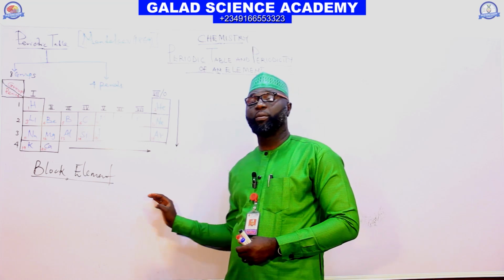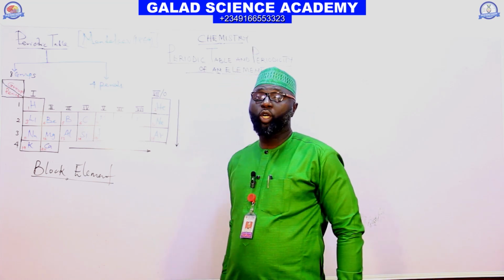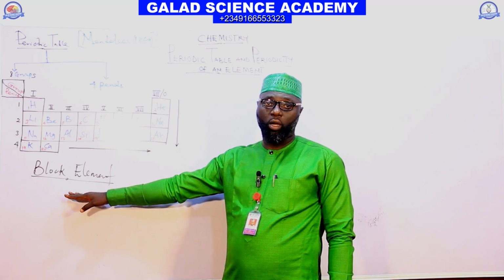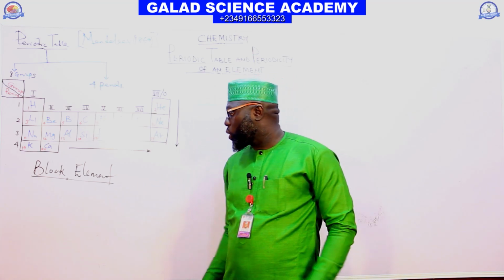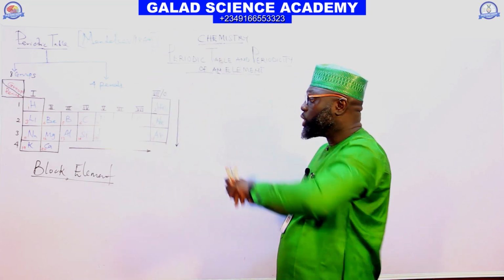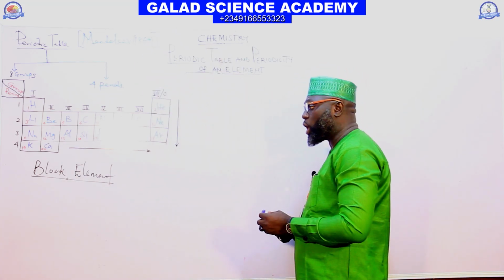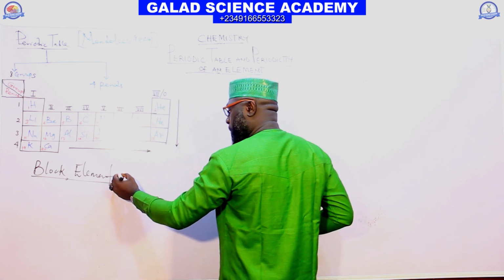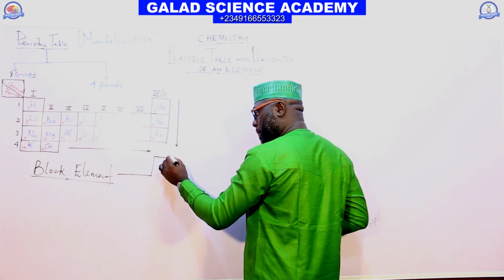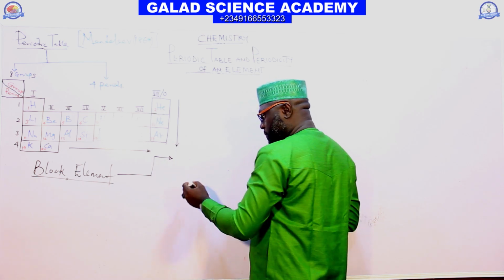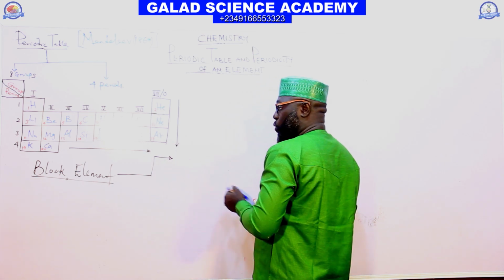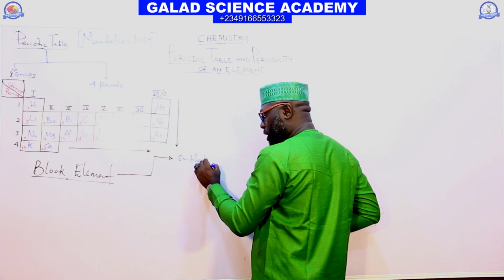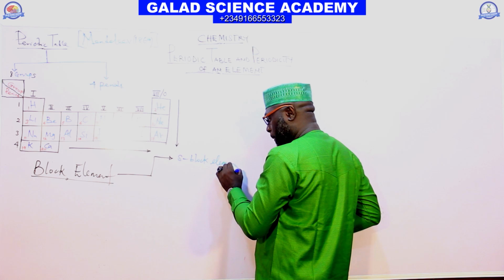All the elements we have in the periodic table can be grouped into four block elements. The first one we call the S block element.